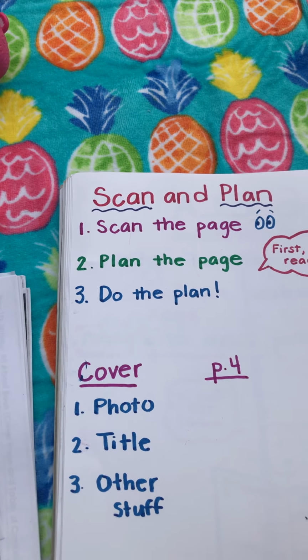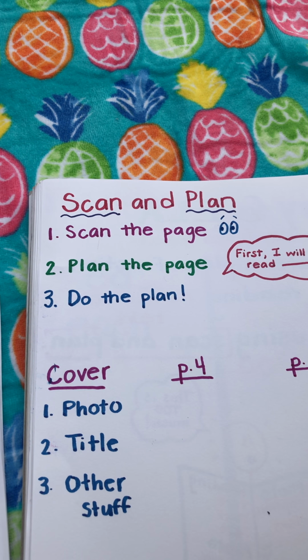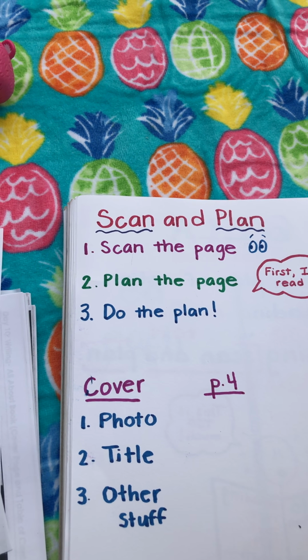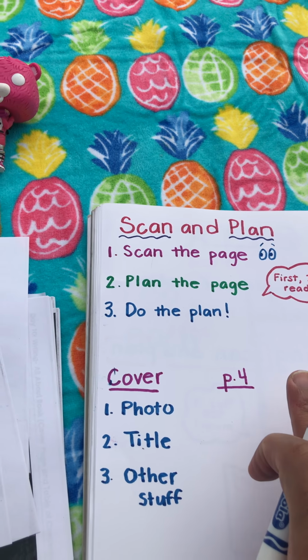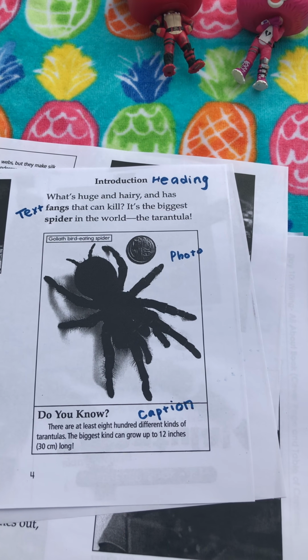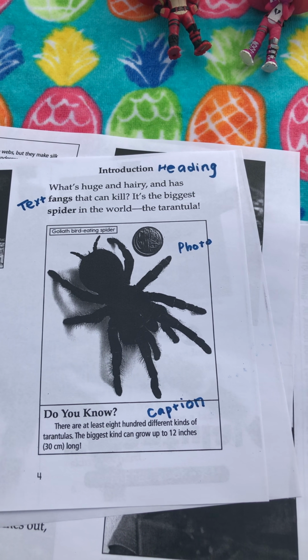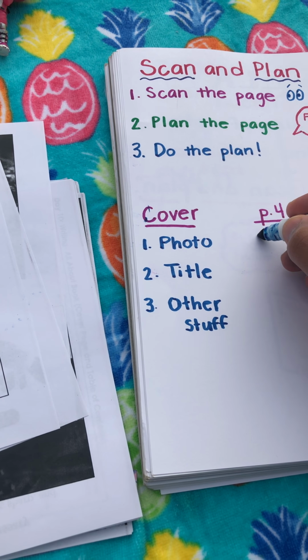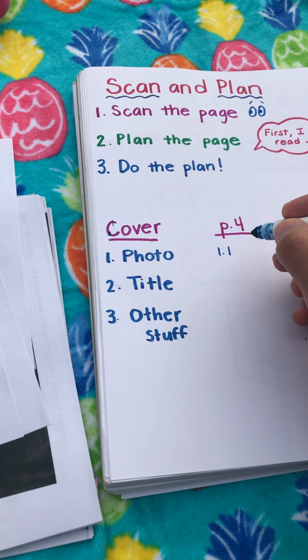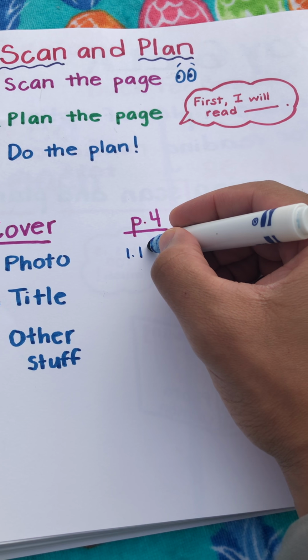Now I want to plan the page. I want to decide what am I going to read first, next, and after that. So in this case, when I look at this page, I'm going to start with the heading. So that's going to be the first part of my plan.